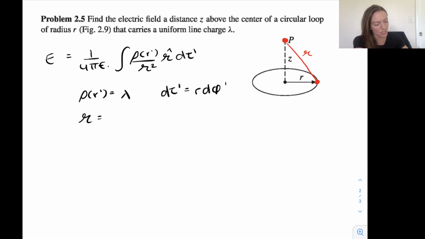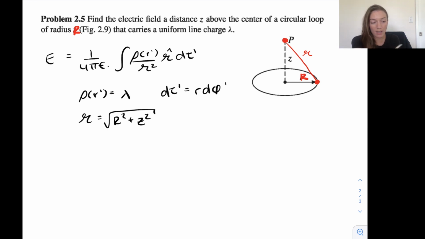I'm going to make this radius a capital R just to differentiate it from the variable of integration, lowercase r. Now this one's actually easier than our previous one because my distance isn't changing. The curly r distance from every point around my wire loop is the same because the radius of the wire loop isn't changing. So everywhere around my wire has the same distance.